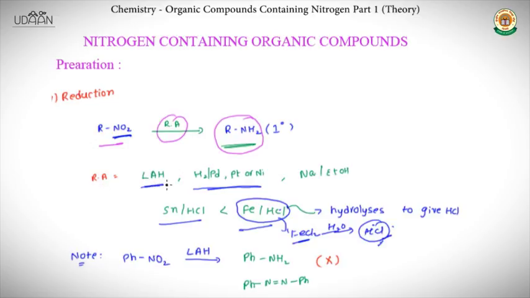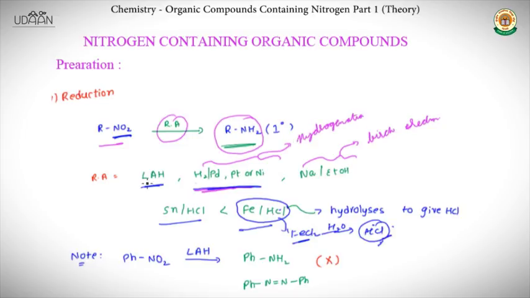The reducing agent can be lithium aluminum hydride, or hydrogen in the presence of nickel, palladium, or platinum, or sodium in ethanol. Now, if you remember, this sodium in ethanol we also used in Birch reduction, where we converted an alkyne to a trans alkene, and this one we have used in the chapter on alkanes, alkenes and alkynes for hydrogenation.